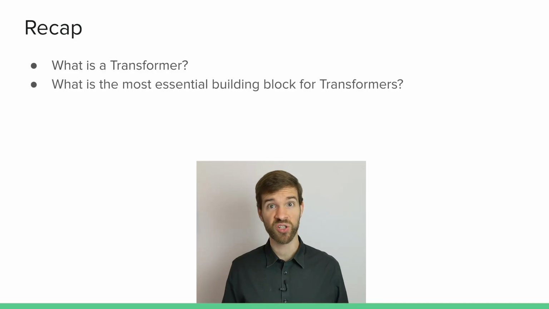So we don't have this bottleneck in performance where we need sequential processing, but we can feed in the entire input sequence at once. The most essential building block that enables us to perform this operation is an attention mechanism that we have in our network.